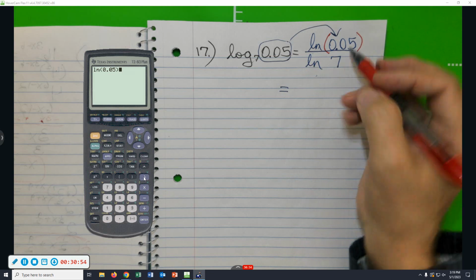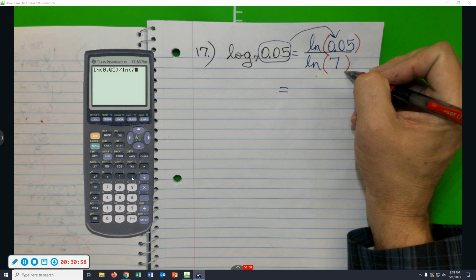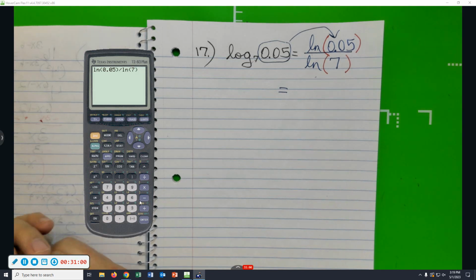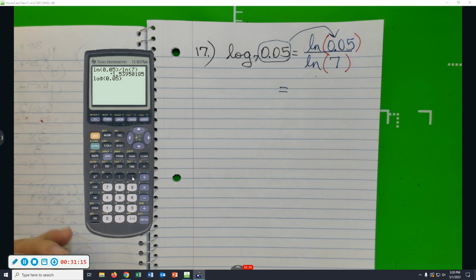Likewise down here in the denominator, when you press LN, it's going to open a parenthesis, we need to close it. Now, I'll just demonstrate: if we had chosen to use LOG, as long as we don't mix it, you'll get the same. By that I mean don't use LOG on the top and LN on the bottom. And as long as you close those parentheses.